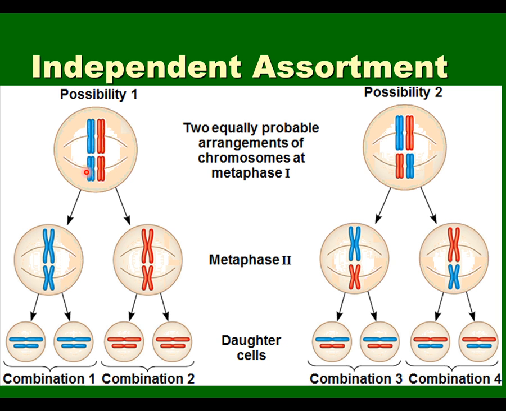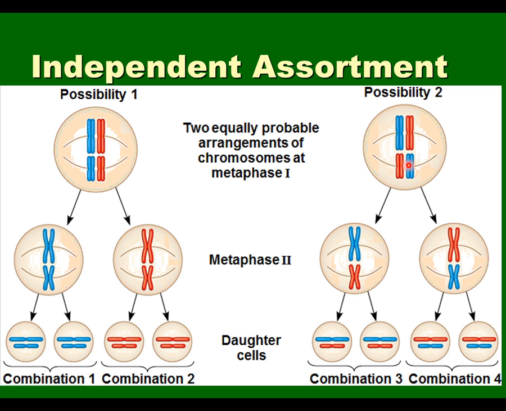Right now we're in metaphase 1, where this does not show anaphase 1, but it's basically how the chromosomes line up. We can see that we have two homologous chromosomes here; this would be a tetrad, and this would be a tetrad down here. And what we can see between possibility 1 and possibility 2 is that these chromosomes are lined up in different spots.